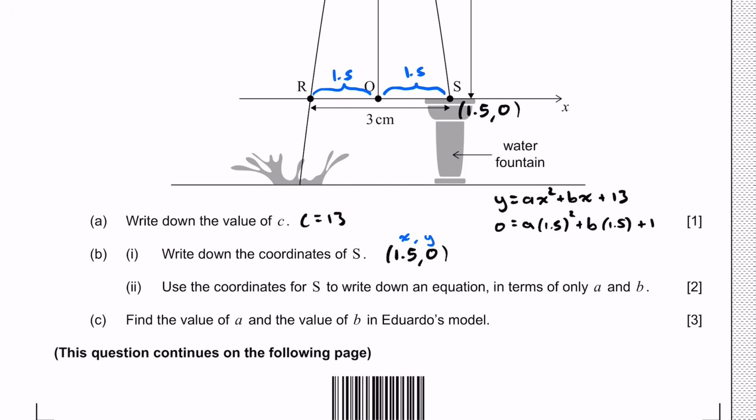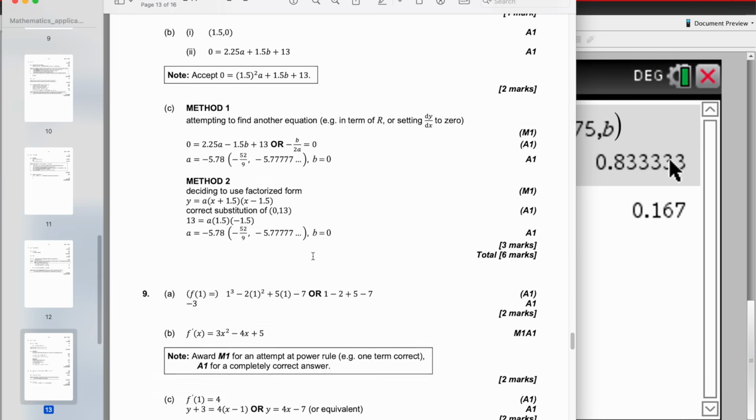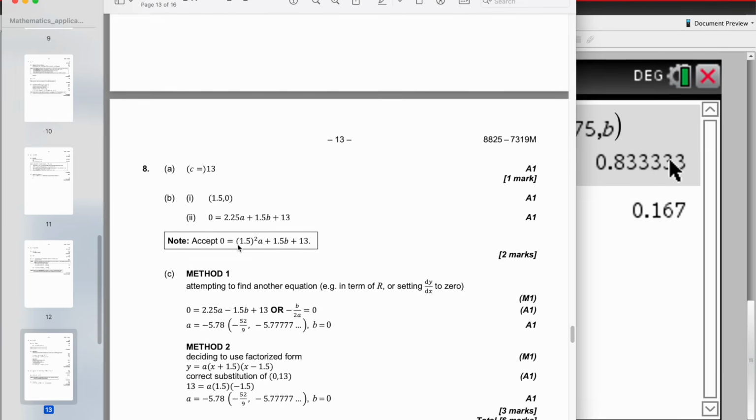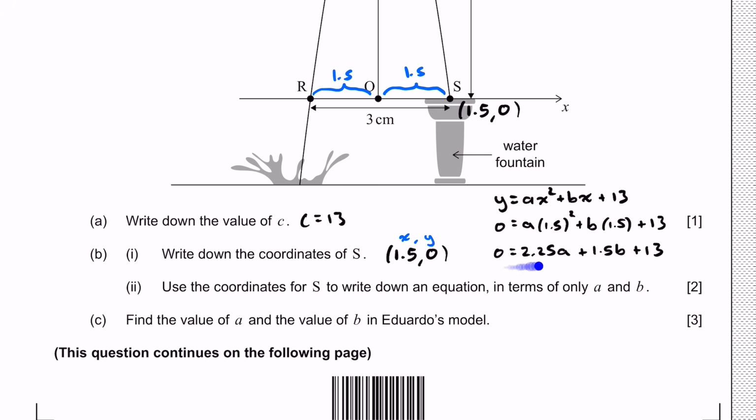Let's expand. This would be 2.25a plus b times 1.5, which is just 1.5b, and then plus 13. I think the IB would accept this because it is in equivalent form. Let me look at the mark scheme. They will accept this 1.5 squared, so all of that is okay. If we want to expand it, of course, it looks like this.